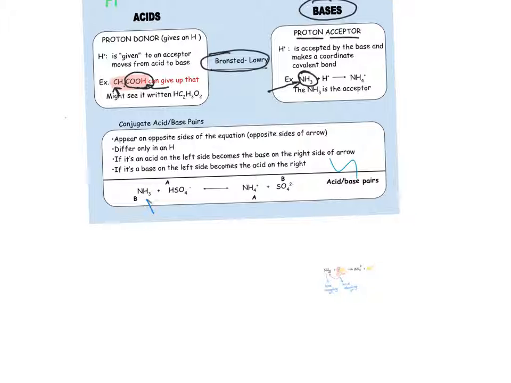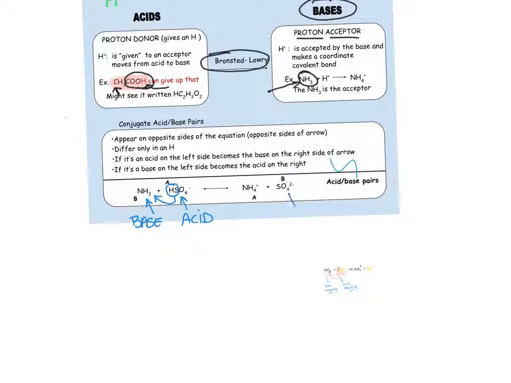You've got this ammonia that's going to be accepting the hydrogen. This is not water, it's H2SO4, which is going to act like the acid because that H is going to go over to this ammonia, and you're going to end up with SO4 minus 2.